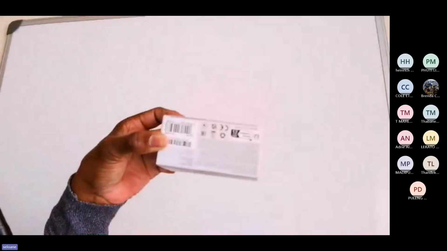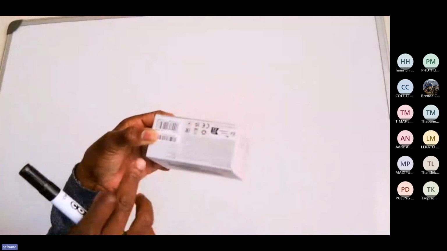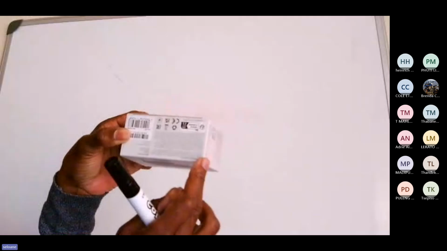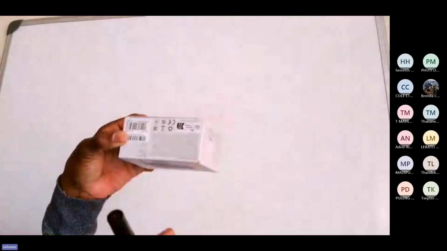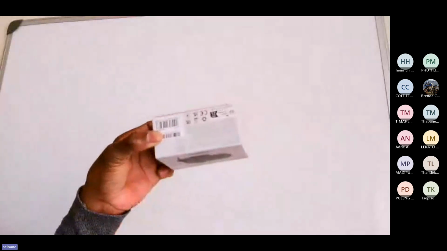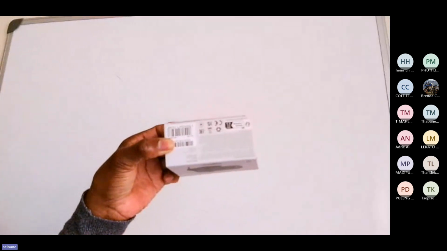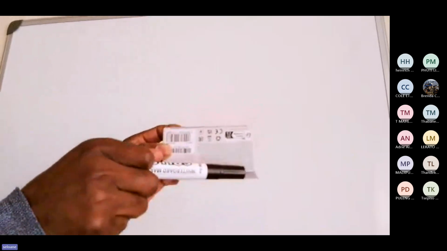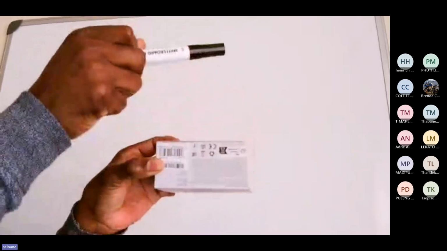To find the area of the base of this box, this side you can call L, and this side you can call B. Therefore, the base will be L times B. Then from there, you multiply it by the perpendicular height.